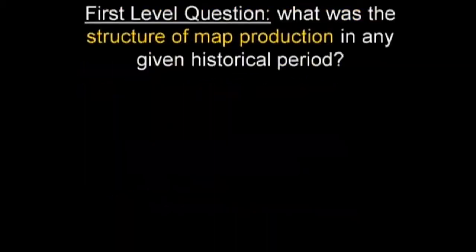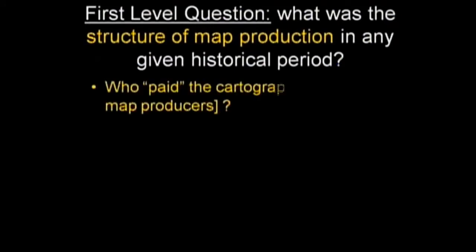First level question then is, what was the structure of map production in any given historical period? The structure of map production is crucial here because you've got to see who's actually doing the work, who's motivating the work, who's paying for it, and the like. So you ask yourself the question, who paid the cartographers, the map producers?